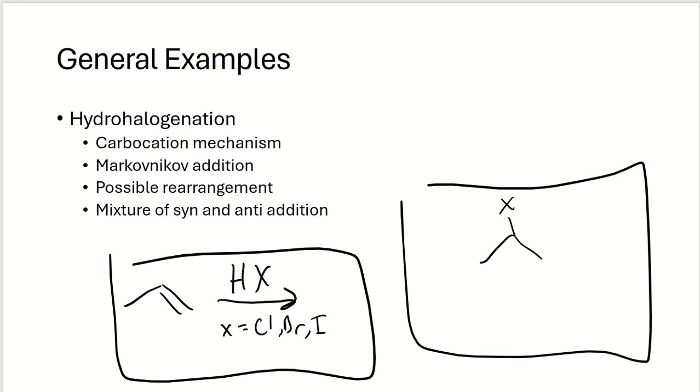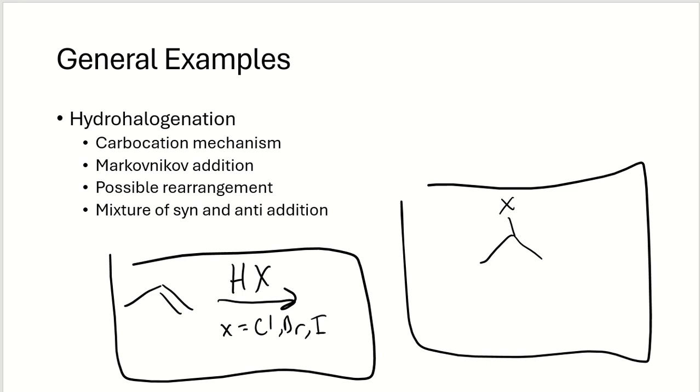So on the back of the flashcard, you could have been more specific and said HCl is a specific example. But by keeping it simple and just putting HX, that saves you from making three flashcards that essentially say the same thing. You don't have to do one for HCl, one for HBr, or one for HI.